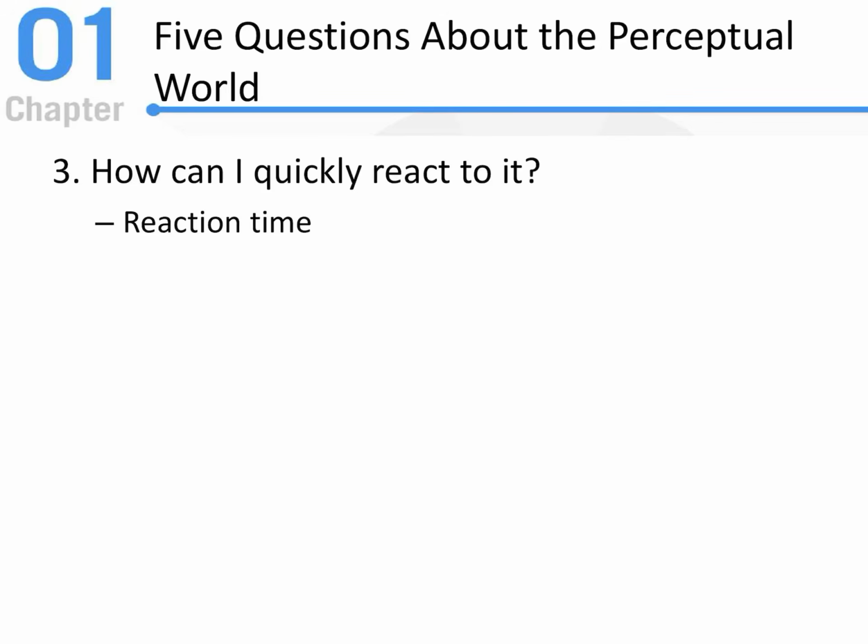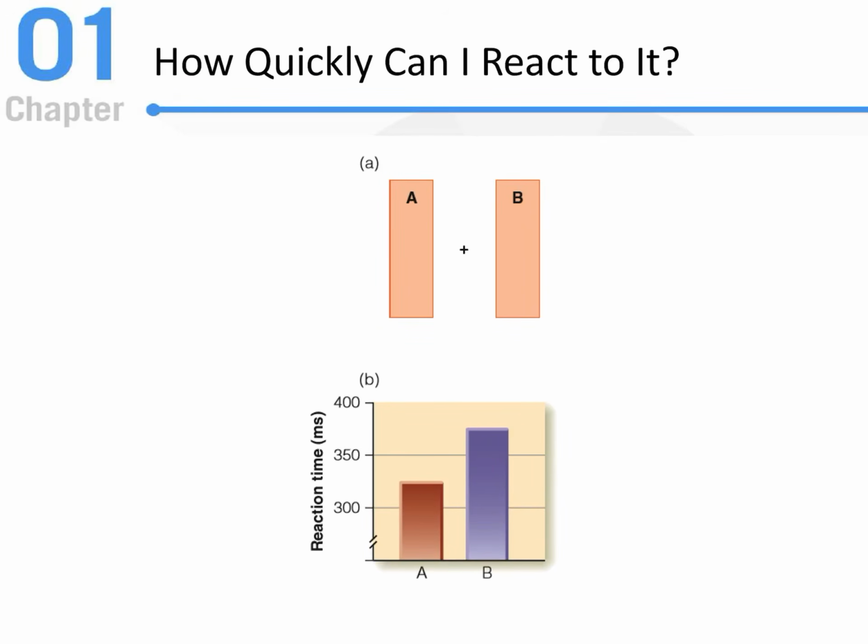How quickly can they react to whatever it is that they're seeing? Okay, so this would be an example of a reaction time experiment. So the person is told to look at this fixation point here, but pay attention to location A. They're going to push a button as quickly as possible when they see a dark target flash anywhere.